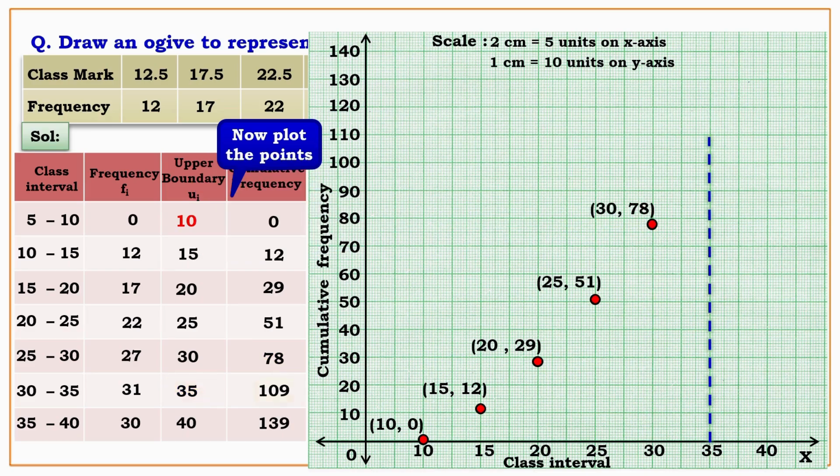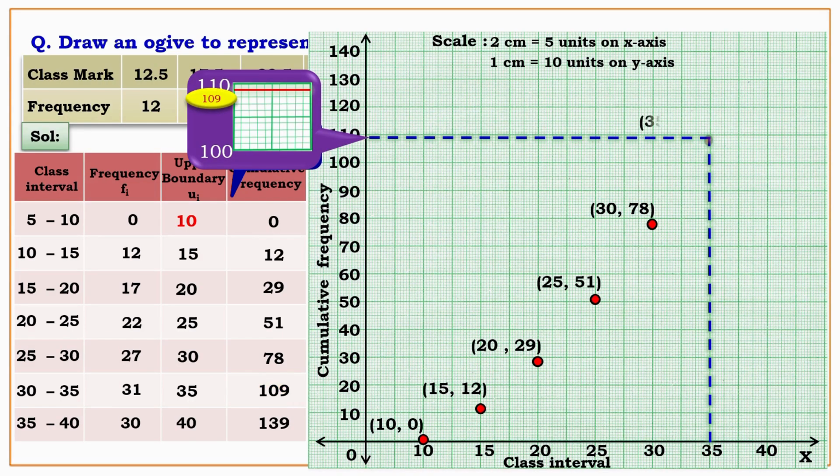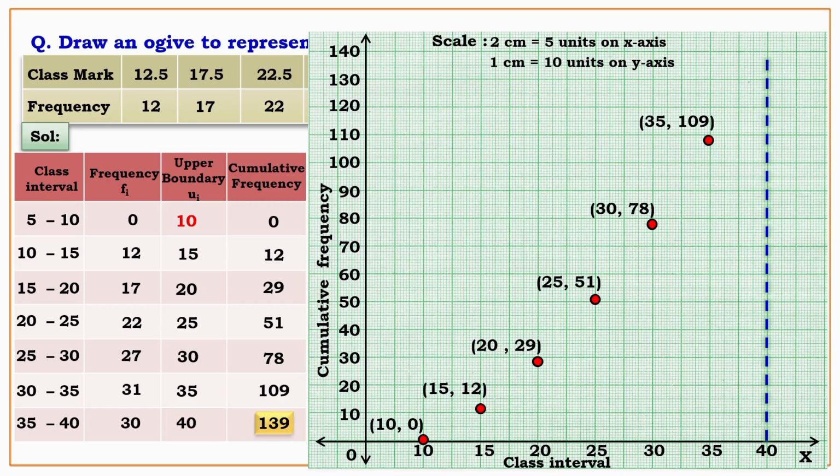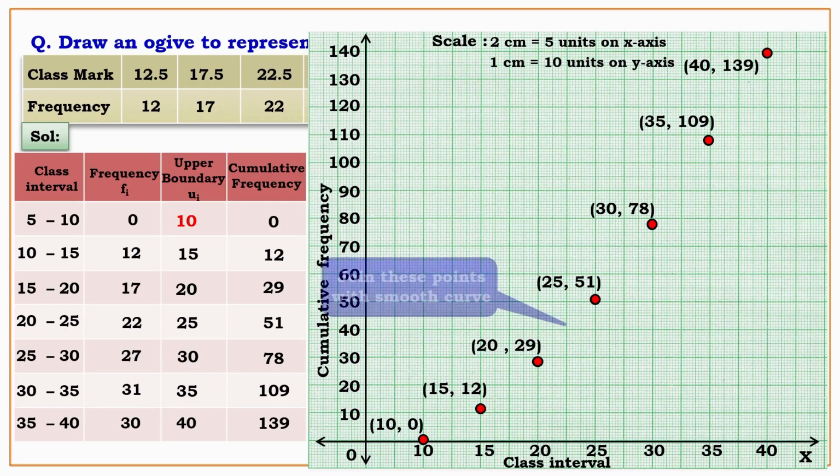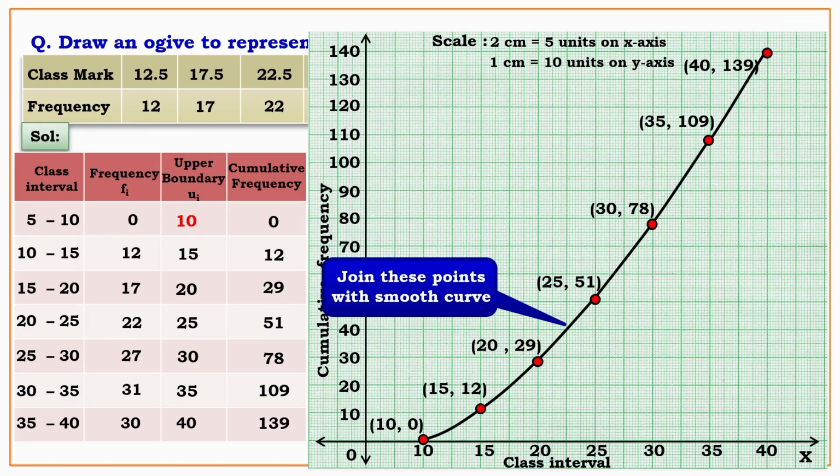Then we have 35 and 109. Then finally we have 40 and 139. Now let's join these points with a smooth curve. That is the Ogive curve we have plotted over here.